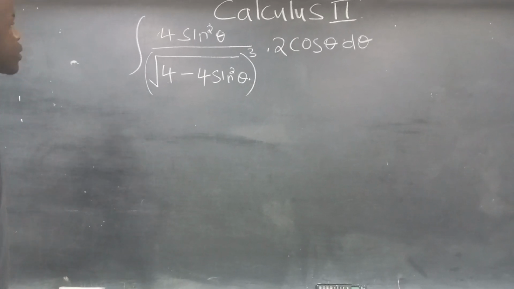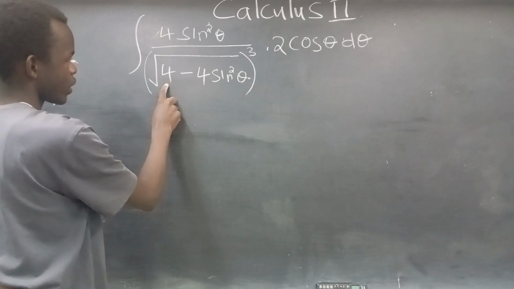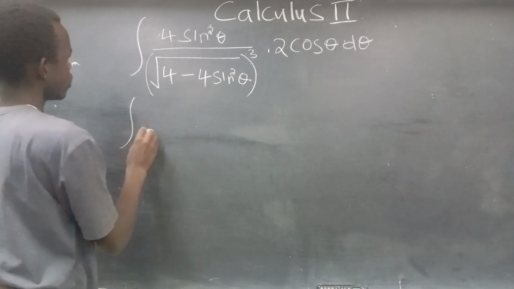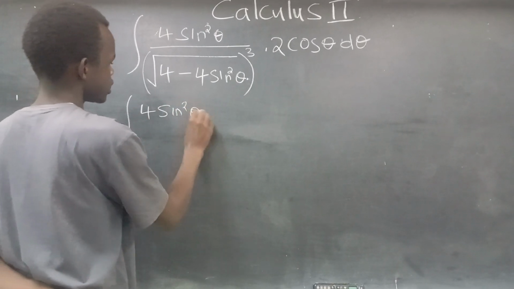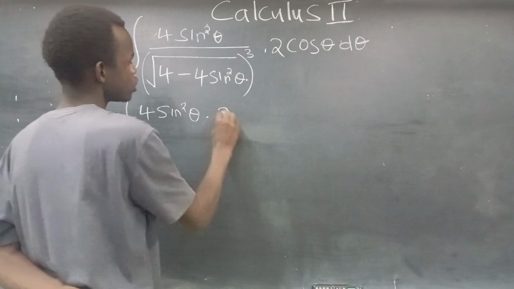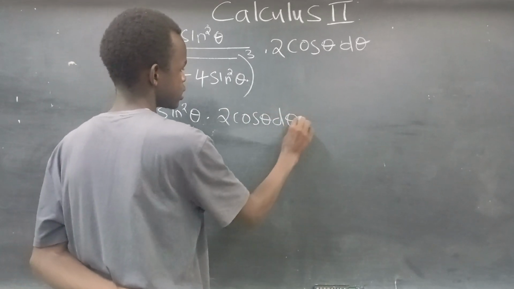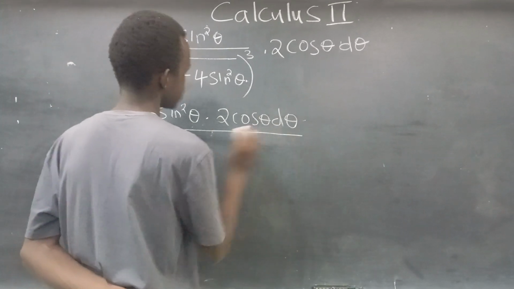So from there, let's factor out 4 inside. So I'll get my integral of 4 sine squared of theta multiplied by that 2 cos of theta d theta. I will divide it by the square root.